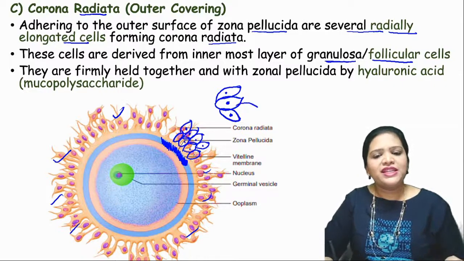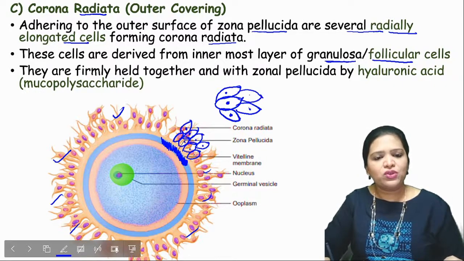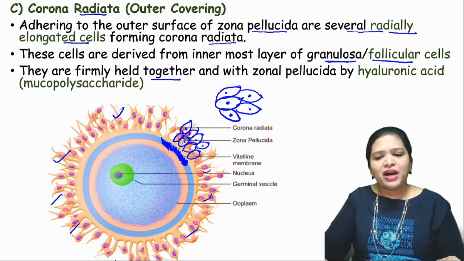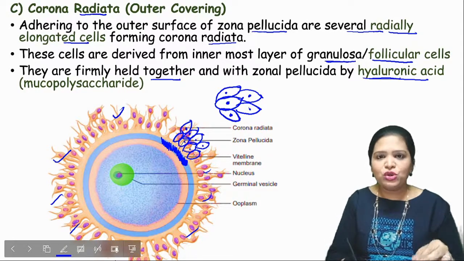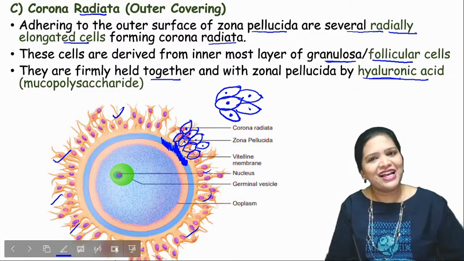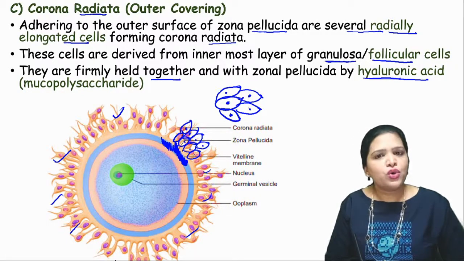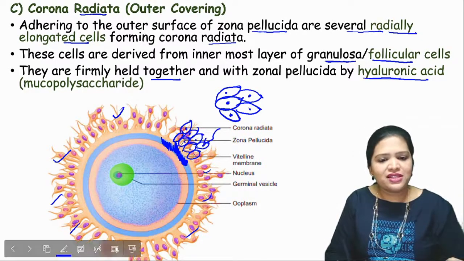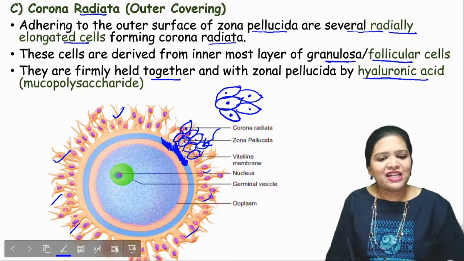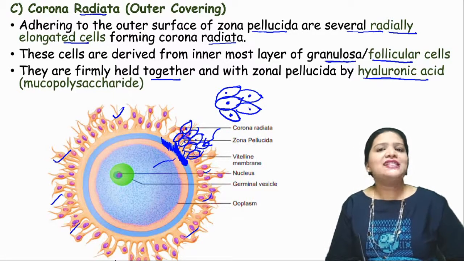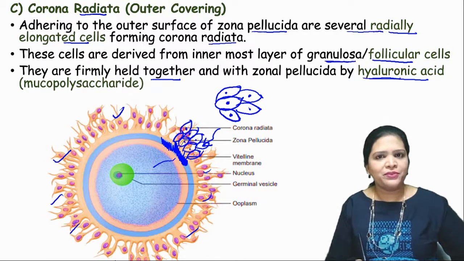These follicular cells are firmly held together with one another by hyaluronic acid, and also attached to the zona pellucida layer with this hyaluronic acid. Clear? Fine. So when a sperm cell has to enter, first it has to penetrate this corona radiata, then it has to penetrate the zona pellucida, then only it can enter inside the egg cell. Okay, so that's how the egg cell has its covering membranes, right?